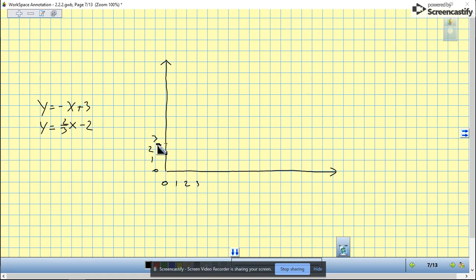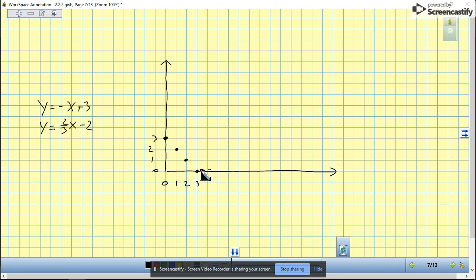Okay, so for this first one, we're starting at 3. And it has a slope of what? Negative 1. So down 1, right 1. Okay, so it's a negative slope or descending slope.